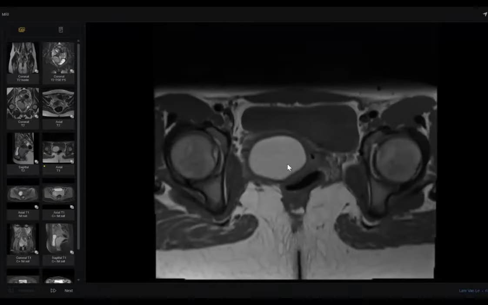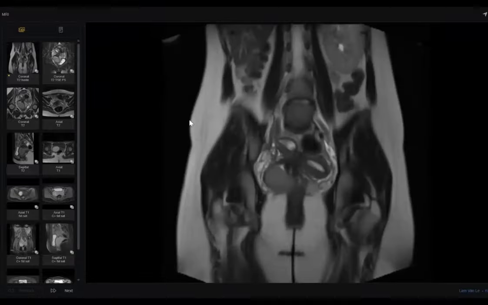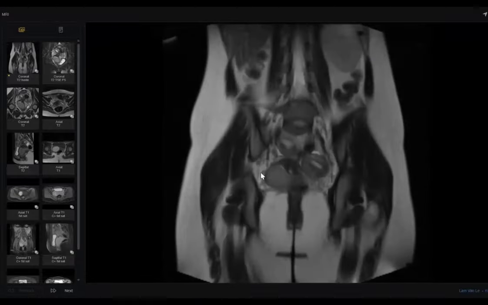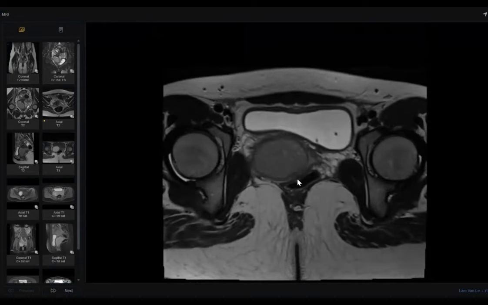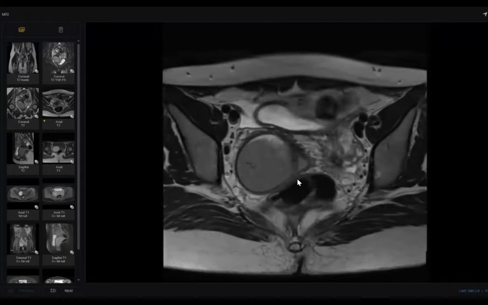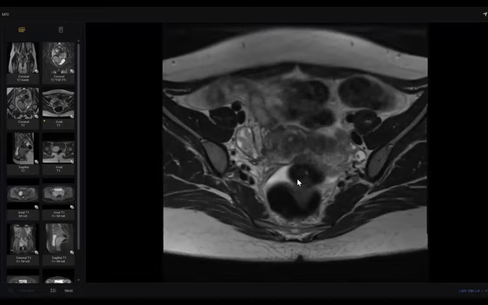Hematocolpos, not hematometrocolpos, because the uterine cavity itself does not contain any blood. I think this is just endometrium. So take care of the anomalies, my colleagues. We have taken till now two anomalies, didelphys and bicornuate, and take care of the associated anomalies, associated findings, like here and like the previous case.